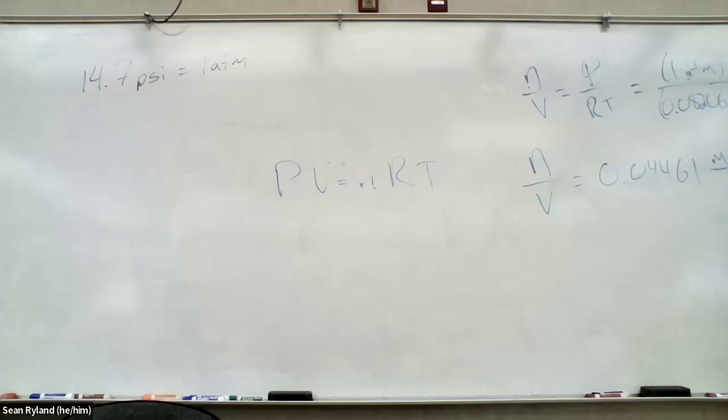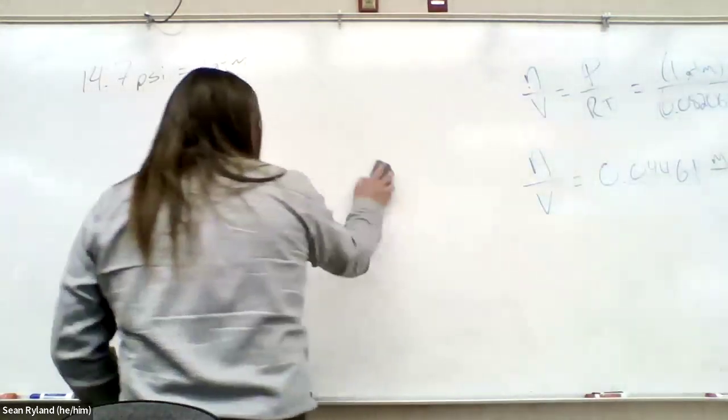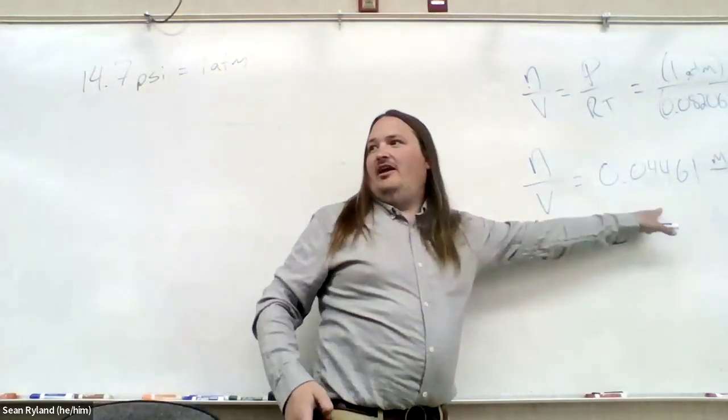That's kind of useful, except we don't usually like numbers that are less than 1. So a lot of times you see this number flipped, in terms of liters per mole instead of moles per liter. If you put this number in liters per mole, all we have to do is do 1 over this number, right?